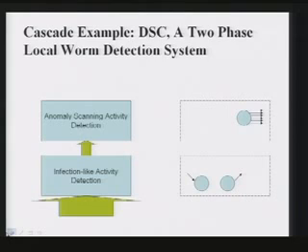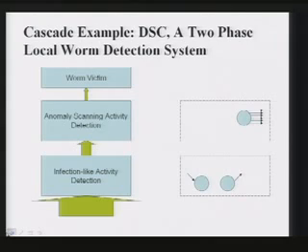If you can identify a host that has this infection-like behavior, meaning it receives traffic at one port and then sends traffic on the same port, and also its scanning rate is very high, then we know it's a victim of the worm.